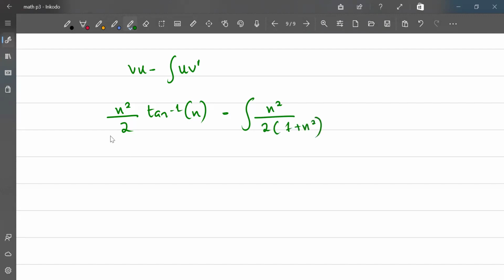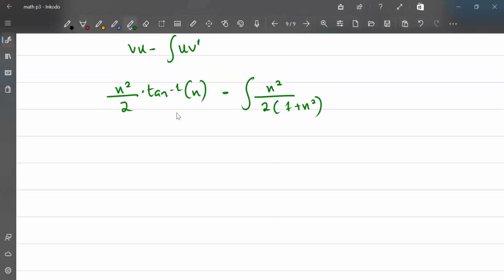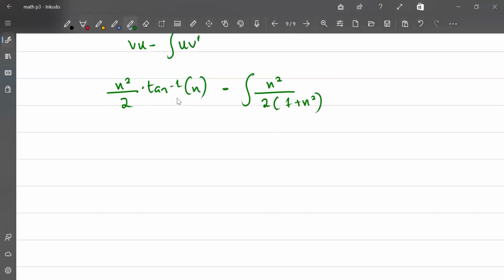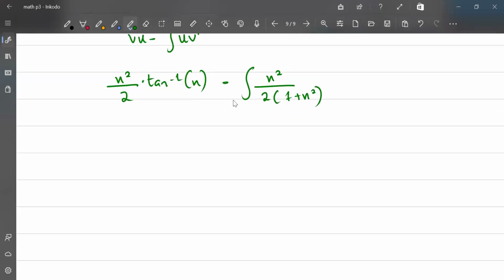This is the same thing, just rearranged in a more friendly manner. So let's do it.